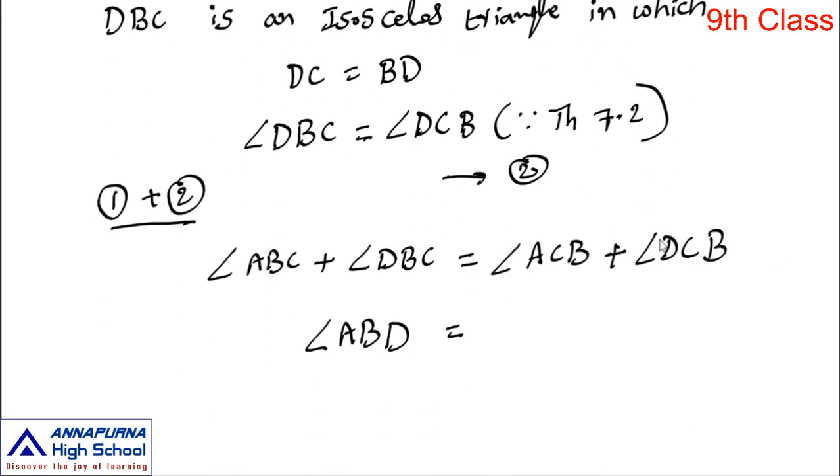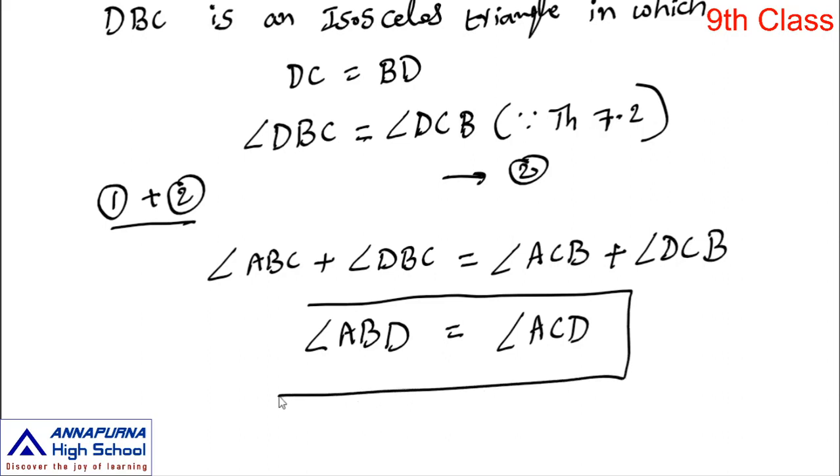Angle ACB plus angle DCB is equal to the complete angle, angle ACD. This is the fifth problem.